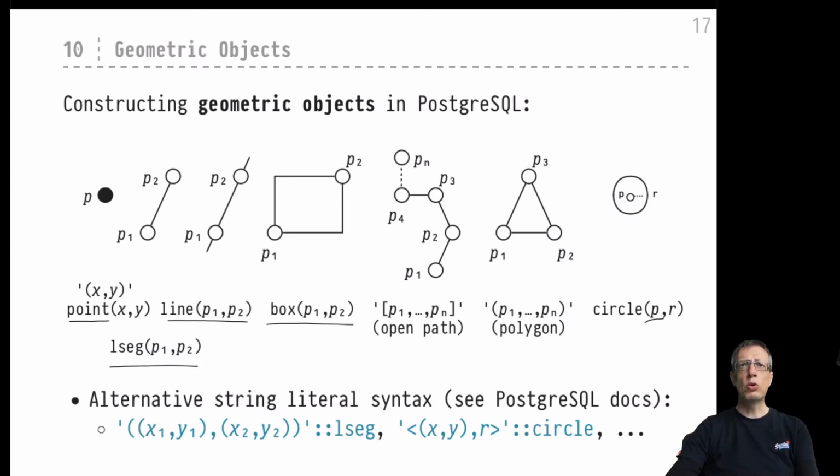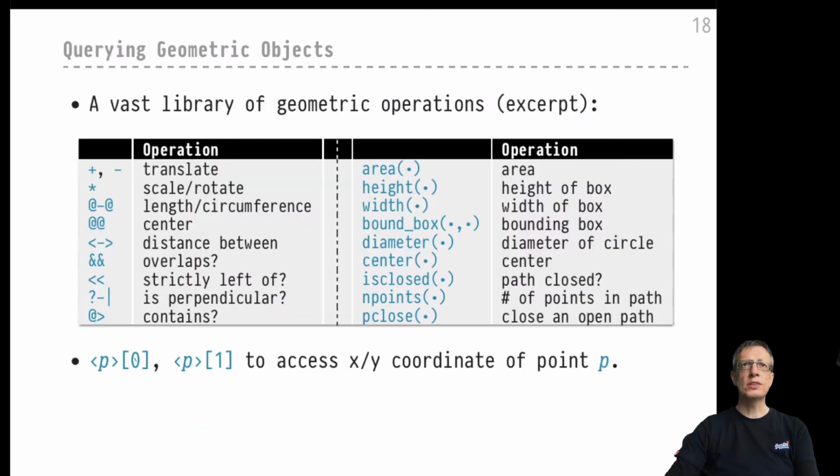Together with these geometric objects, we get a vast collection of operations on these objects, so that queries can inspect objects and construct new objects from old given objects. So that's what you would find here. You would find operations that can translate objects in a 2D plane.